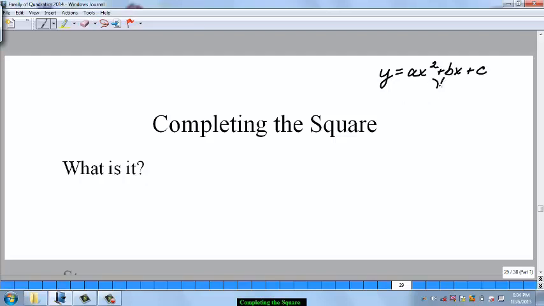What we're going to do is actually change this to the vertex form. So this is the standard form of the quadratic, and we're going to switch to the vertex form so that we are going to find out different information.